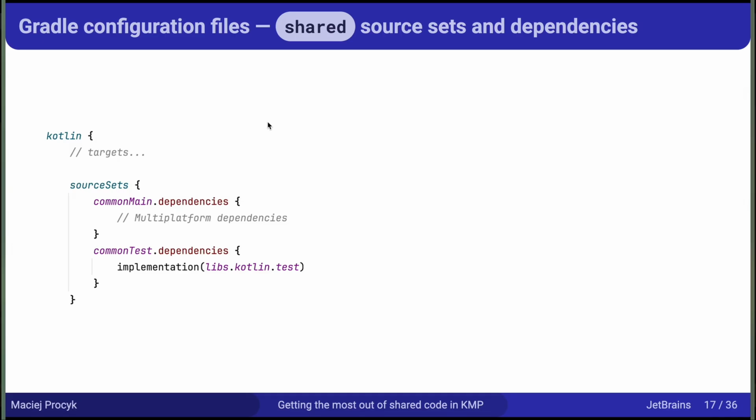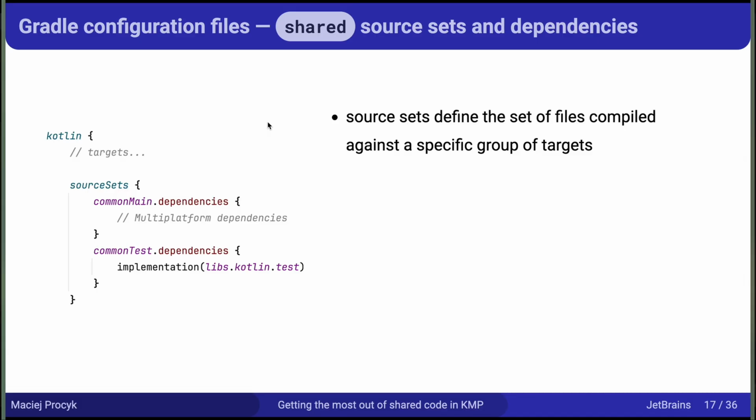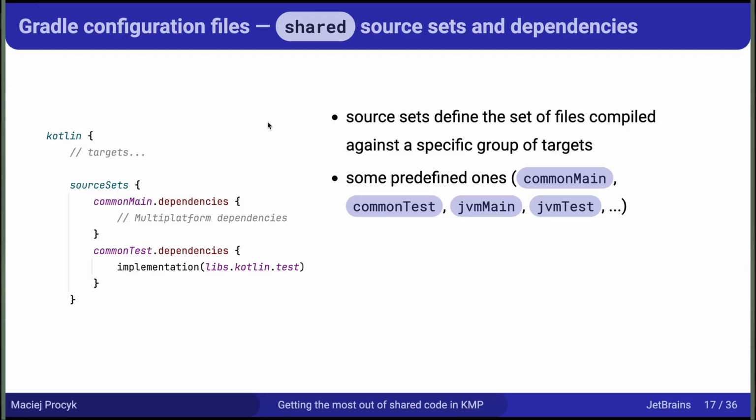Yeah, and the corresponding part of those configurations after declaring targets is the part that defines the sources, which is the place for you to place your code for the respective targets. And in case of this kind of shared module, we would like to put as much code as possible in the common part.